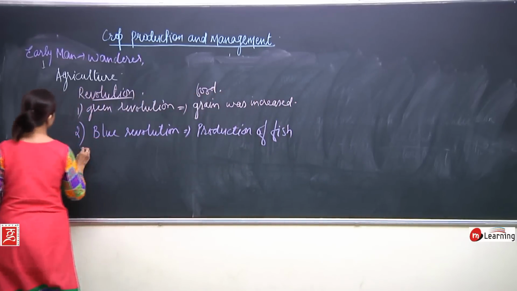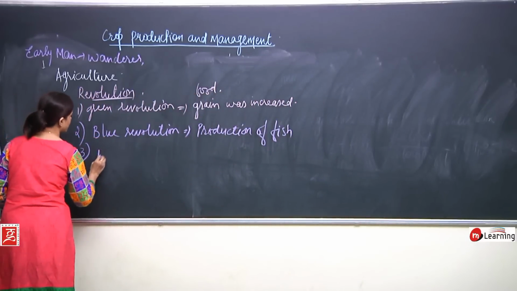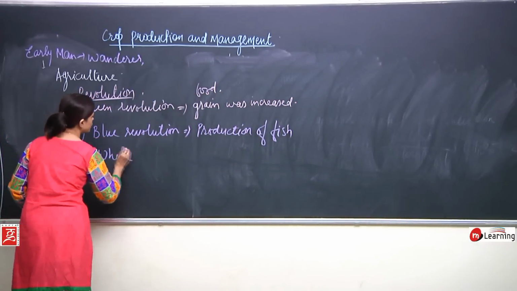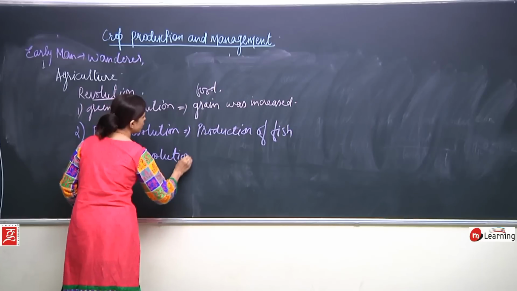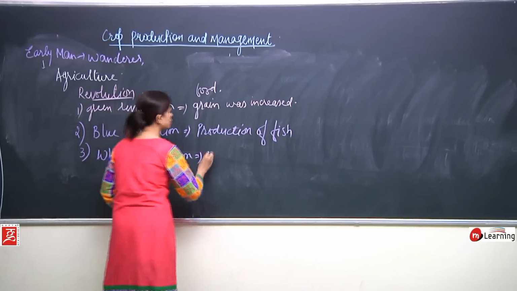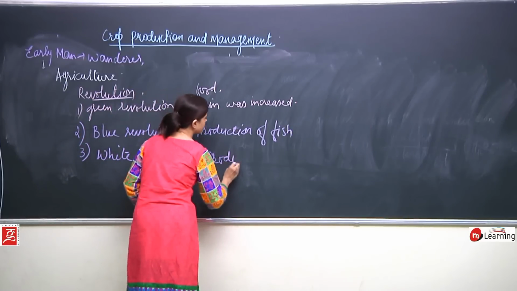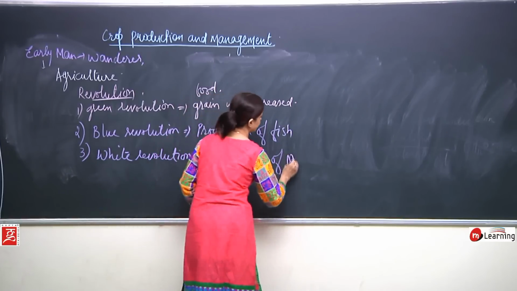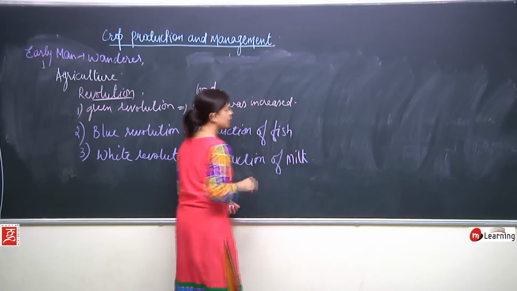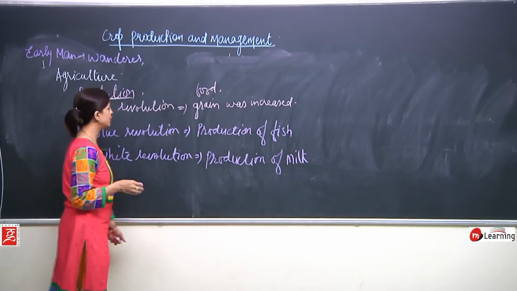Now third is the white revolution. What is the meaning of white revolution? It deals with the production of milk.